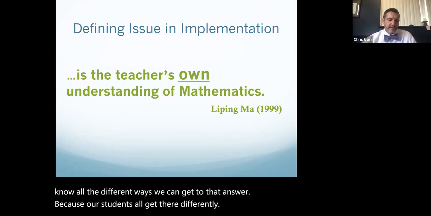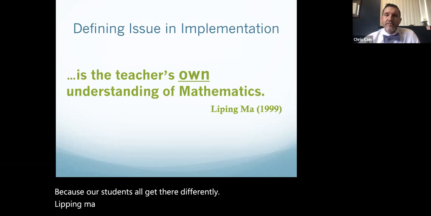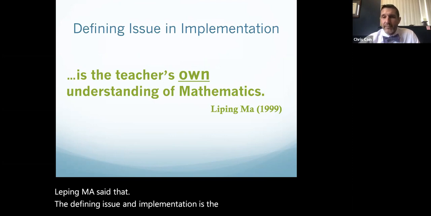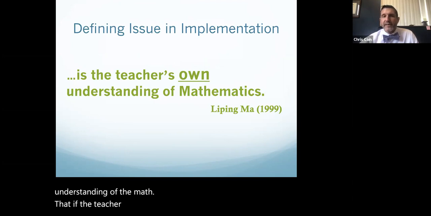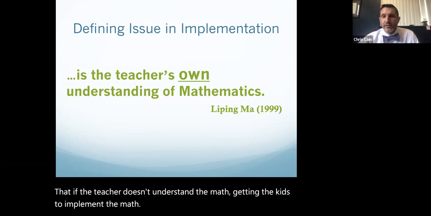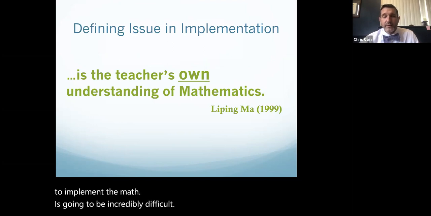Liping Ma said that the defining issue in implementation is the teacher's own understanding of the math. That if the teacher doesn't understand the math, getting the kids to implement the math is going to be incredibly difficult. And I would agree with that.